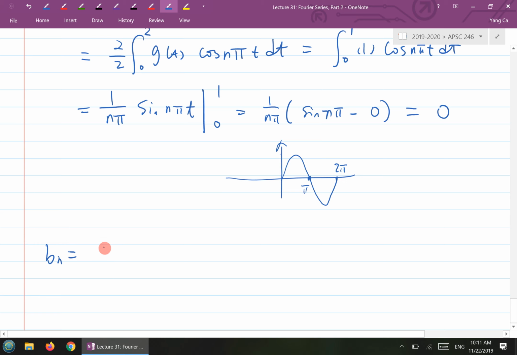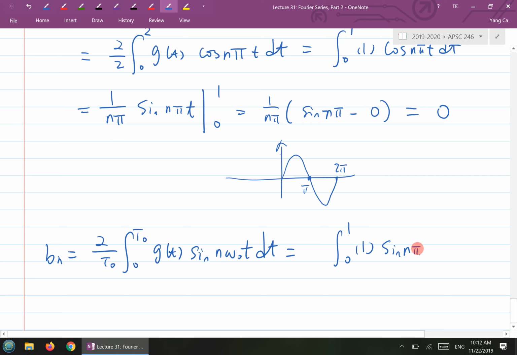Bn is 2 over t naught, integral 0 to t naught, g of t sine n omega naught t. Plug in t naught. Again, you're only going to integrate 0 to 1 and sine n pi t.